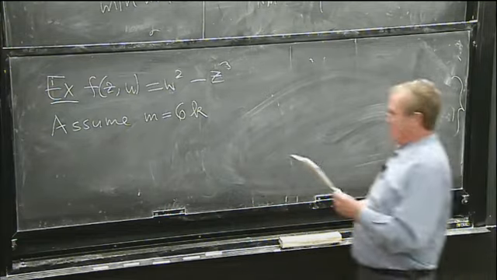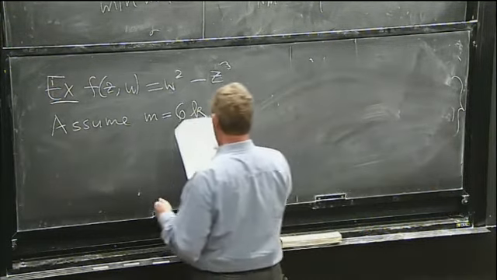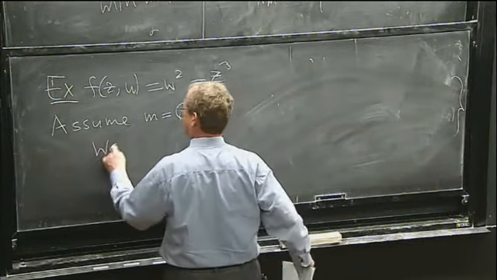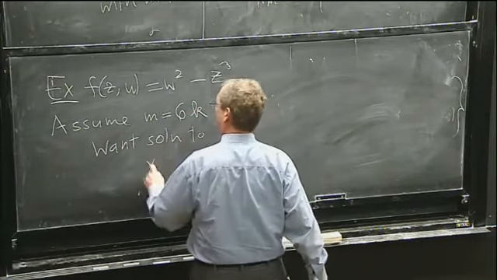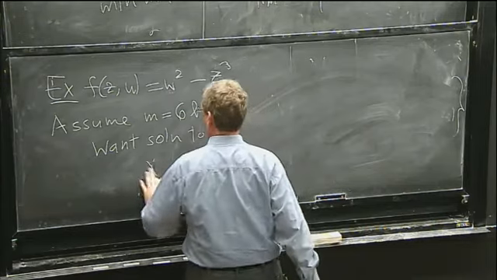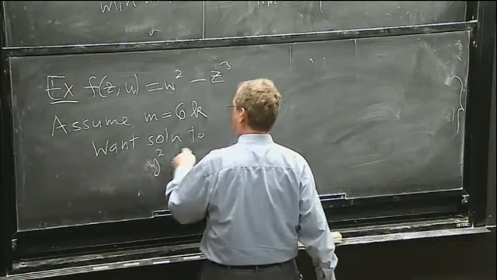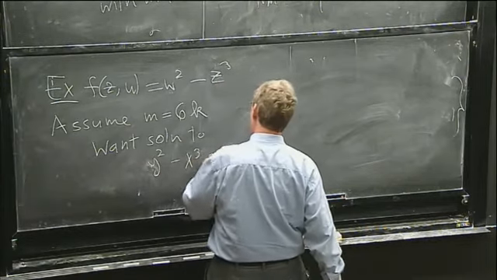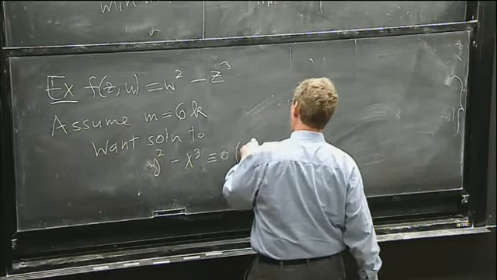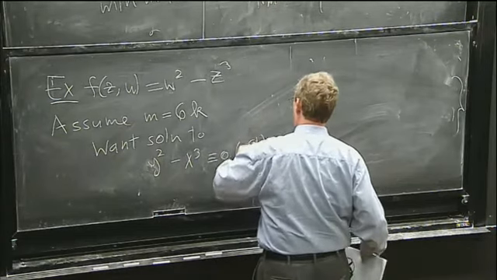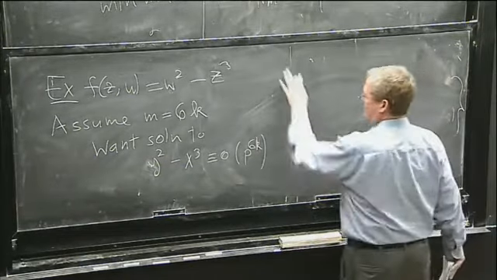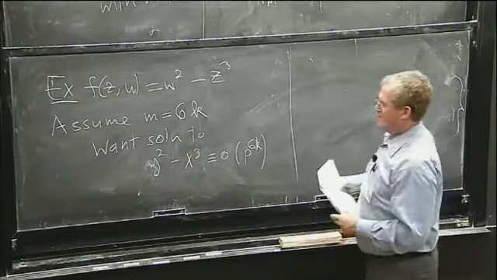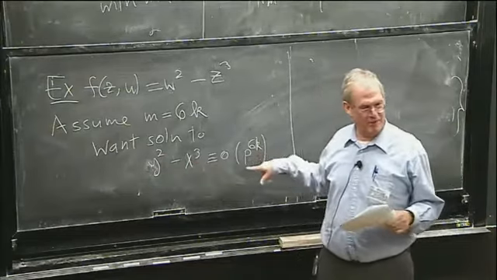So I want a solution to the equation y squared minus x cubed is congruent to 0 mod p to the 6k. So I'm looking for integer solutions to this. The easiest way to get this is to make both terms congruent to 0 mod p to the 6k.